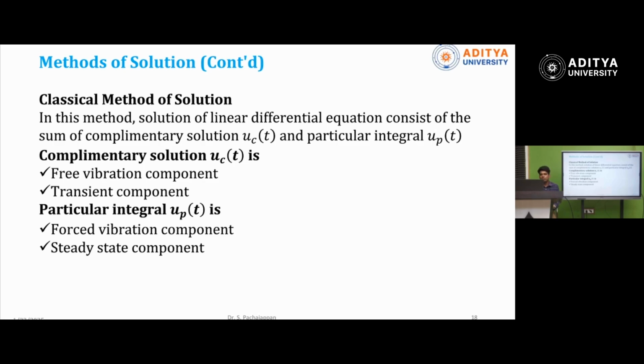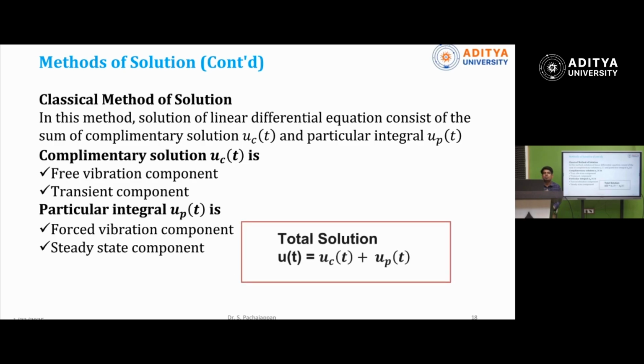If you see the complementary solution here in the slide, free vibration component and transient components are considered. You see the particular integral, forced vibration component and steady state components are considered. So the total solution u of t, which is the displacement varying with respect to time, is u c of t, the complementary function, plus u p of t, the particular integral.